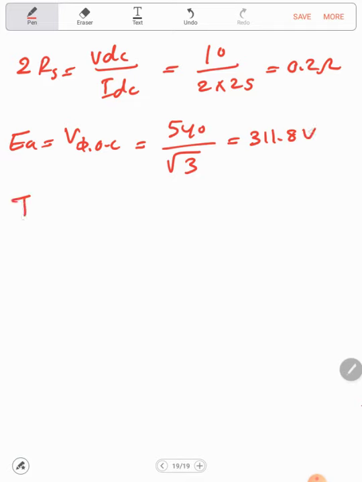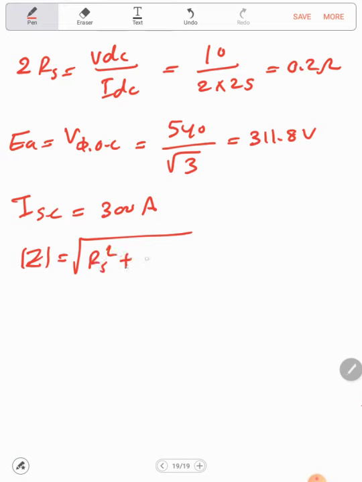Now given I short circuit equal 300 ampere, simply from here we can calculate the magnitude of Z, which will equal the square root of RS square plus XS square, and this was equal to 311.8 over 300.